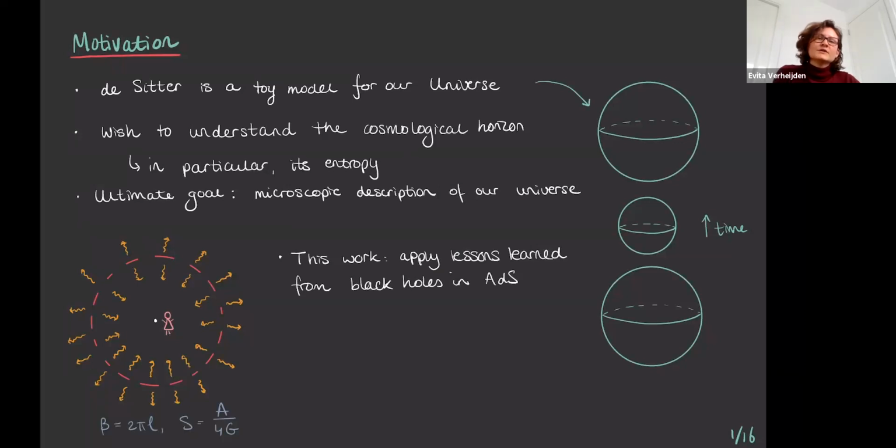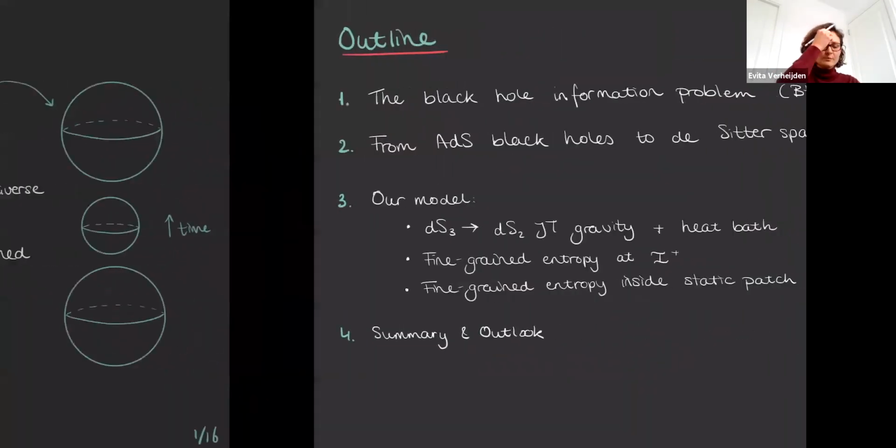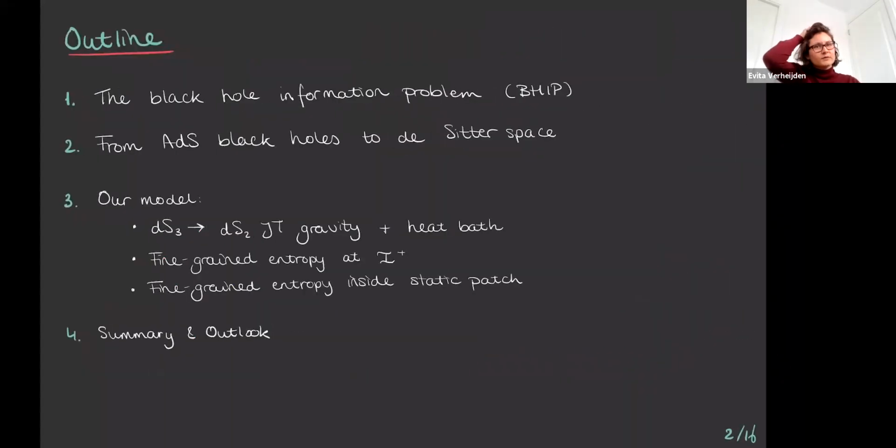And in the work that I will discuss today, what we did is we applied lessons learned from black hole holography, and in particular in the context of the black hole information problem in anti-de Sitter space, to learn about the cosmological horizon. So that's also where I will start today. I will start by very briefly reviewing some key ingredients of the recent progress in the black hole information problem.